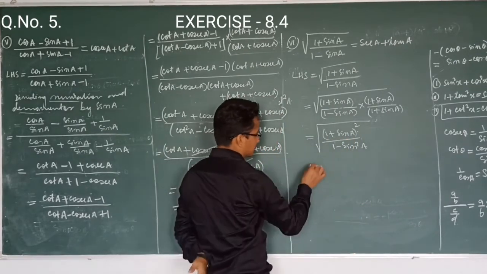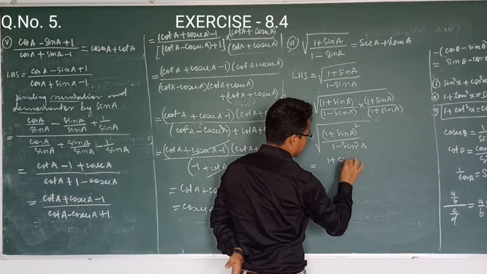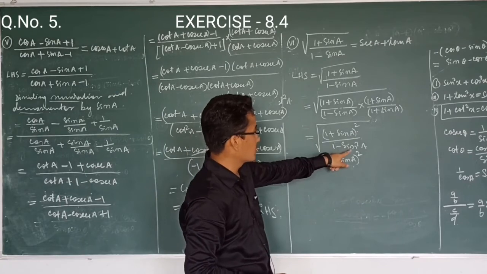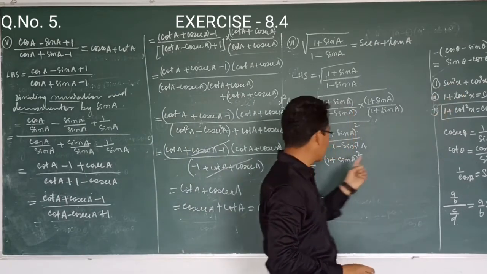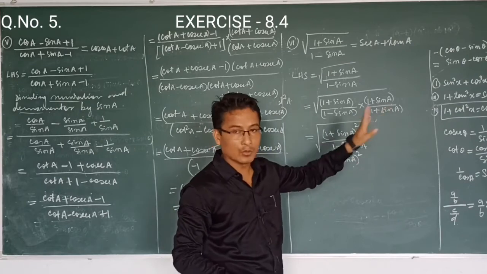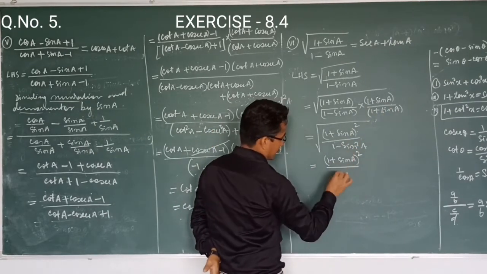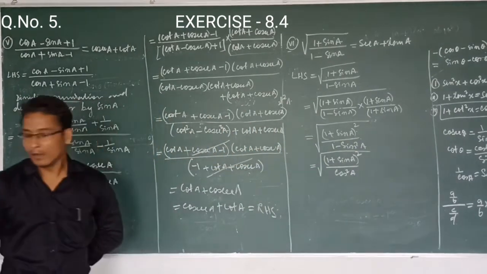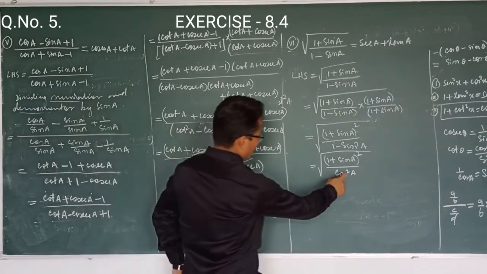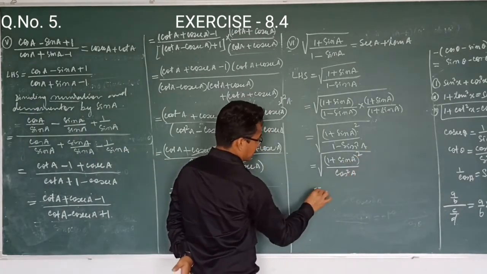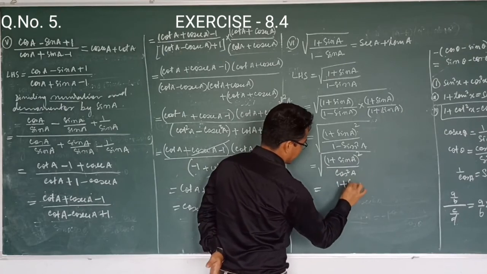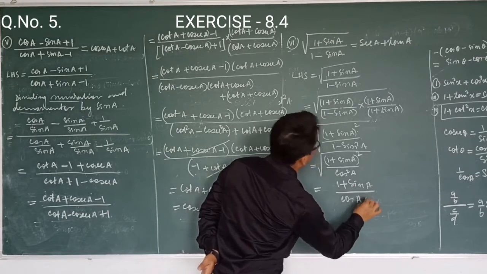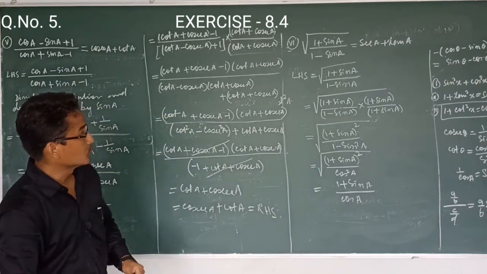1 plus sin A whole square, and divided, we know that 1 minus sin square theta we will get cos square theta. That means in our denominator we will get this, this is our denominator. Okay, after that square, then our root over is gone, that is 1 plus sin A by cos A. So yeah, we get the proof.